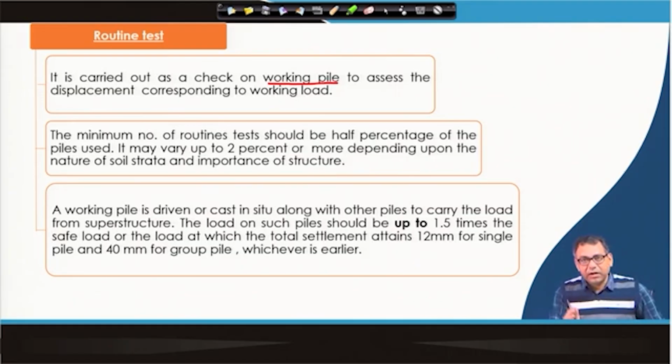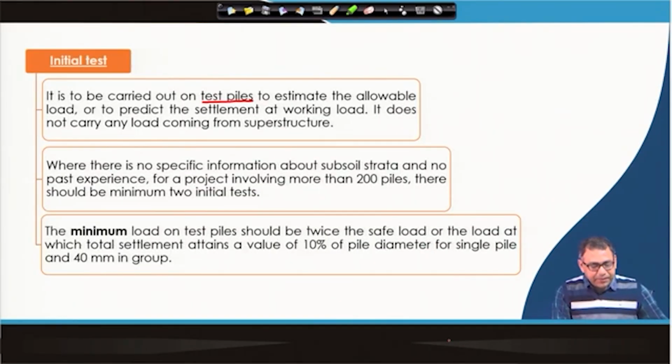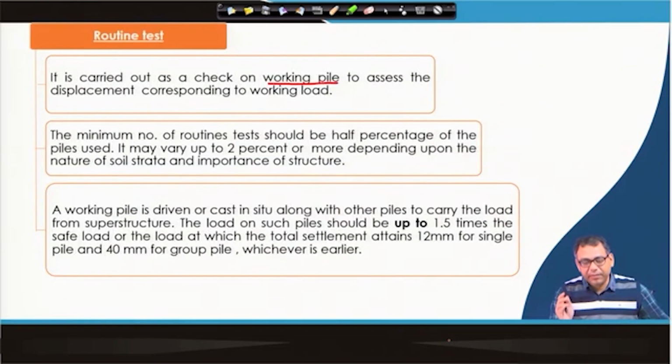So, how much load can we apply on a working pile? We can apply a maximum of 1.5 times the safe load, or the load at which the settlement attains 12 millimeter for single pile and 40 millimeter for group pile, whichever is earlier. So, in the initial test or the test pile, we have to apply at least 2 times the safe load, but here we have to apply a maximum of 1.5 times the safe load.